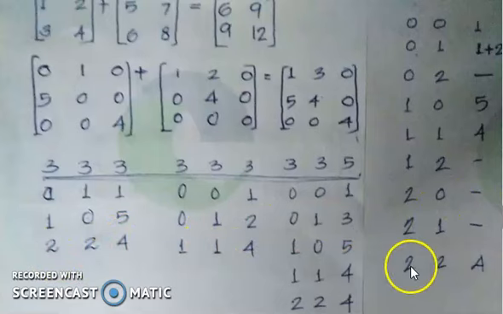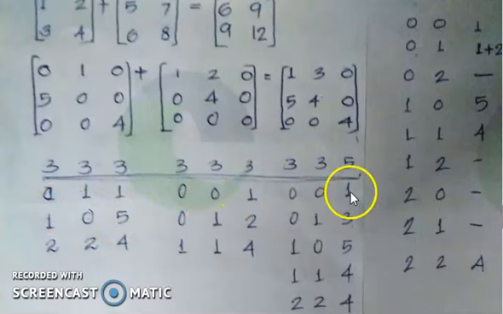At 0 0 we have a 1. At 0 1 we have 3. Then at 1 0 we have 5. Then at 2 2 we have 4. All other elements are zeros. So we can generate this matrix by adding these two triplet forms using this location table.